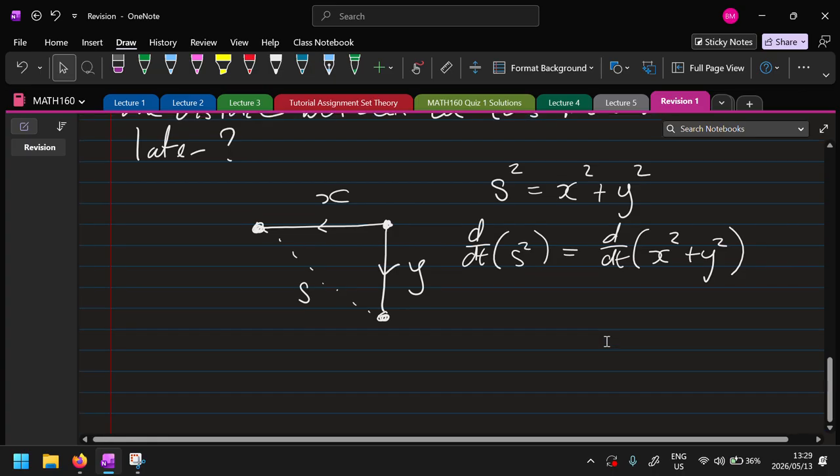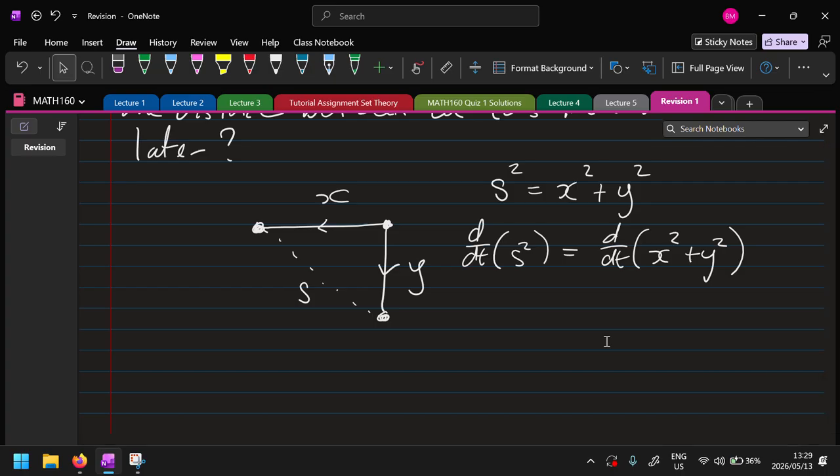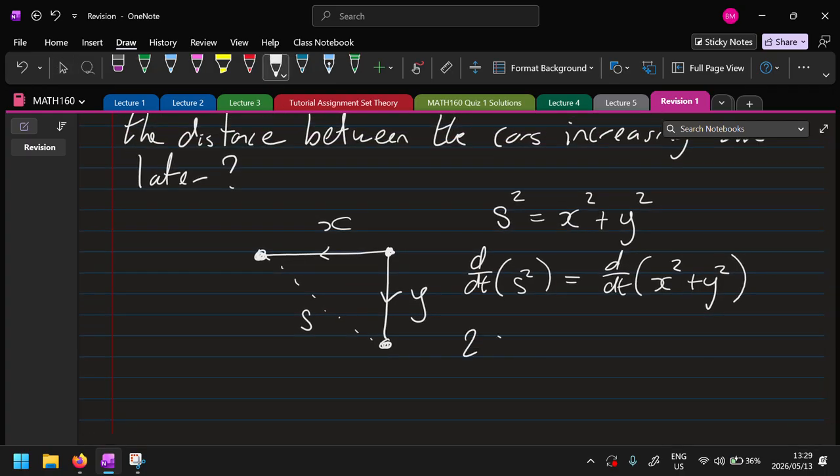So d by dt: s is a function of time implicitly, x is a function of time implicitly, and so is y. So when we're doing the derivatives, we need to remember the chain rule for each of those. So here we're going to have 2s ds by dt. Here we're going to have 2x, not just x, dx by dt, because it's actually a function of time.